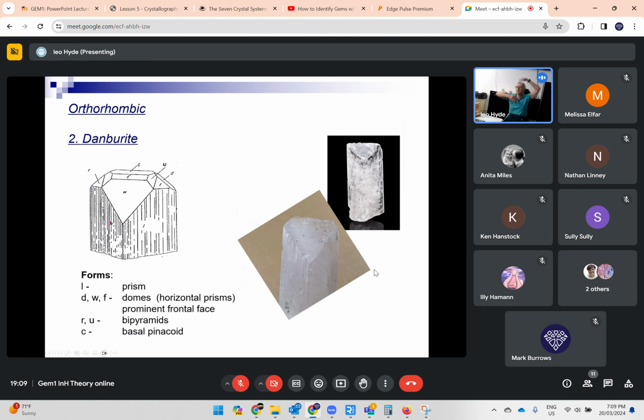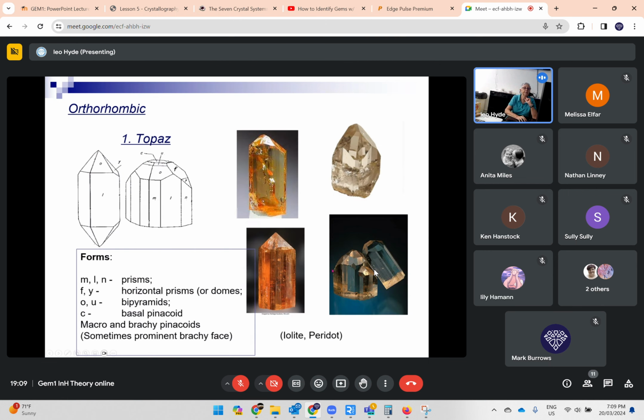There's the long face, and it's the front face that's a dominant one. One clue, because we've got this dominant, again, if we look down the C-axis, we're going to see a diamond shape, but we've got this dominant front dome, whereas if we have the lozenge shape, there's a dominant side dome there.